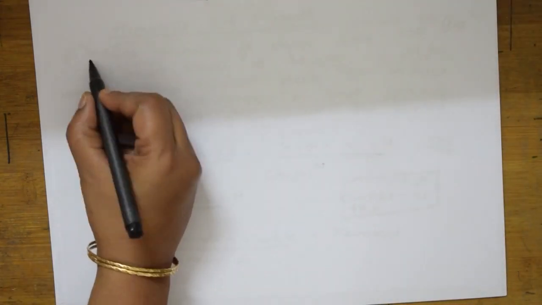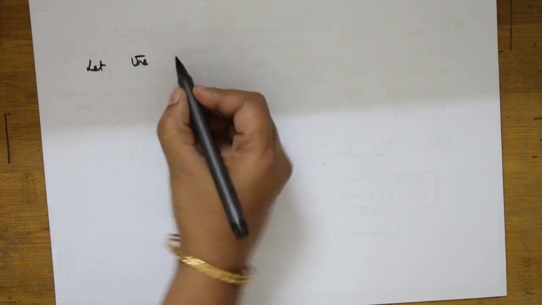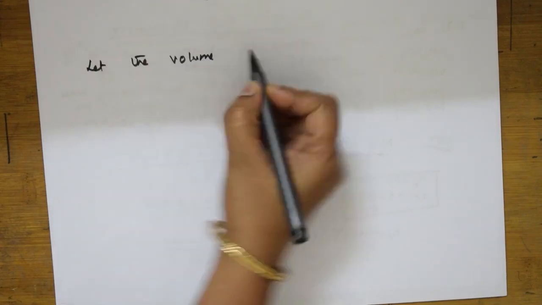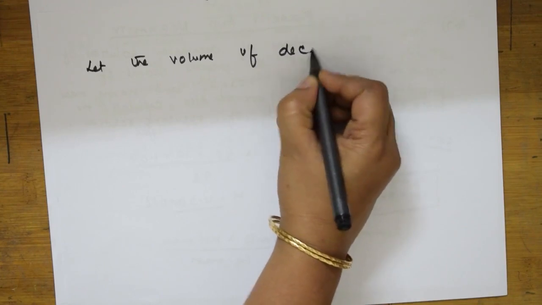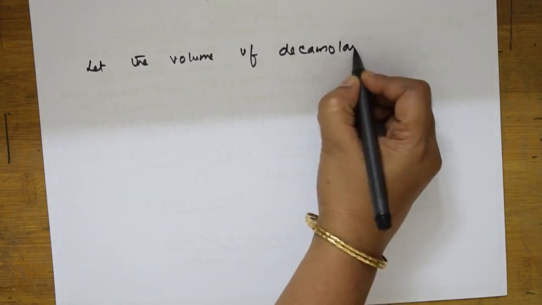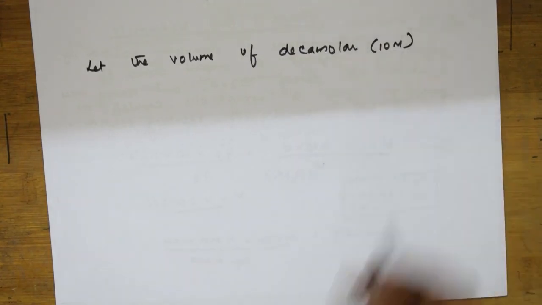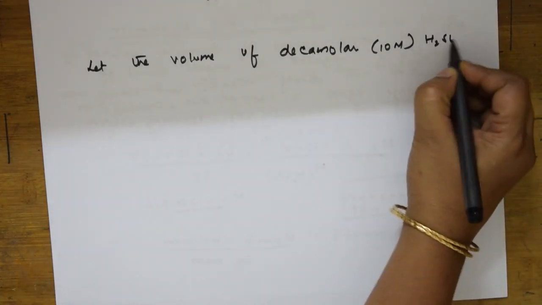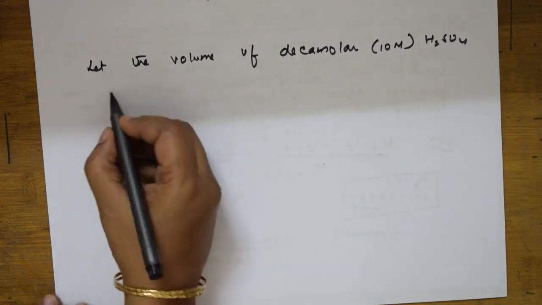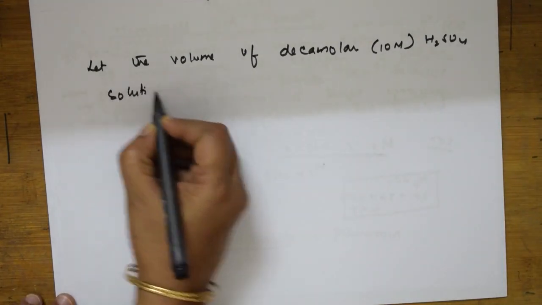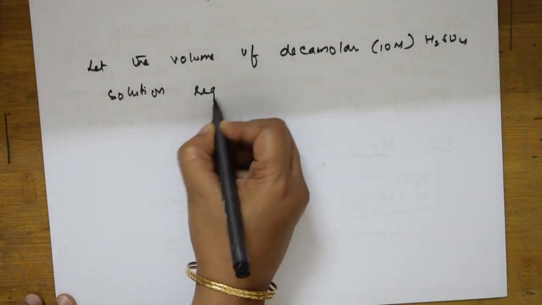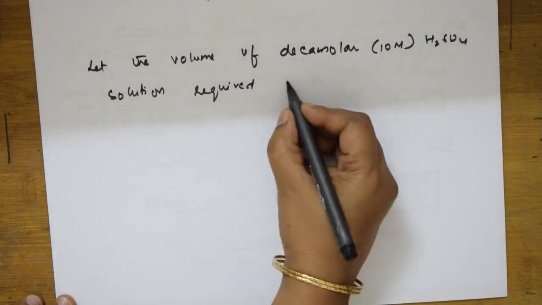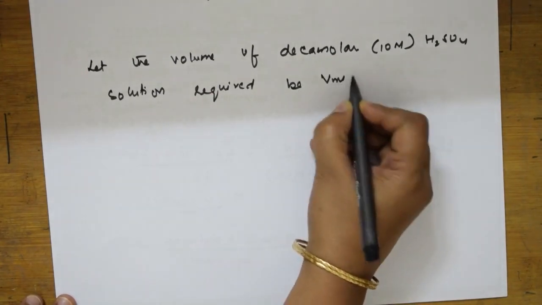What I am trying to explain is, let the volume of decamolar, which is nothing but 10 molar, deca means 10, isn't it? Decamolar sulfuric acid solution required be V mL.